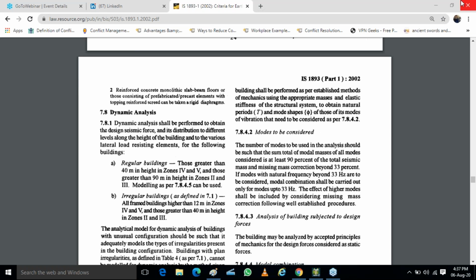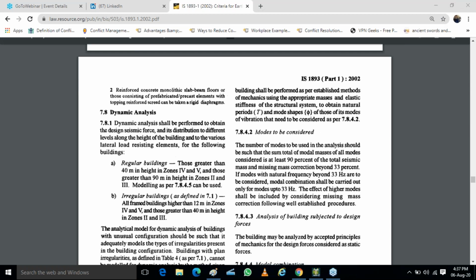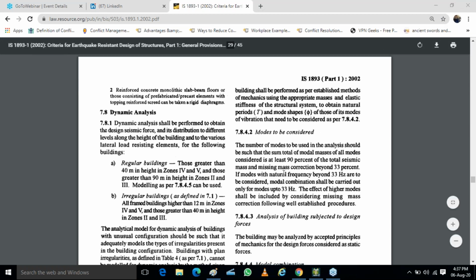So if you are performing, I am also performing, and the participation from both sides is around 90%, then we will consider that. So this clause is telling that if the participation of these modes is 90% or above, then only we will consider these modes.